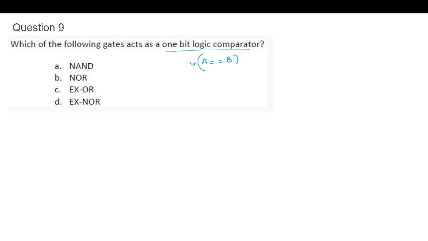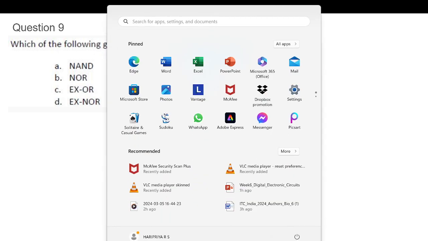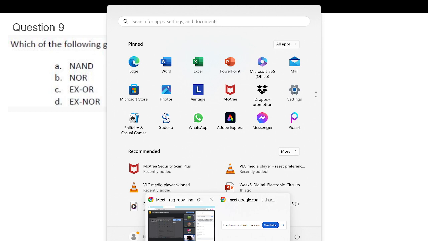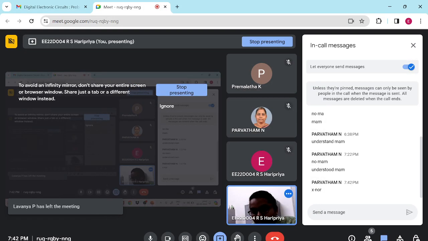Which logic gate will act like a 1-bit comparator? Any answers? Yes, XNOR is the correct answer.